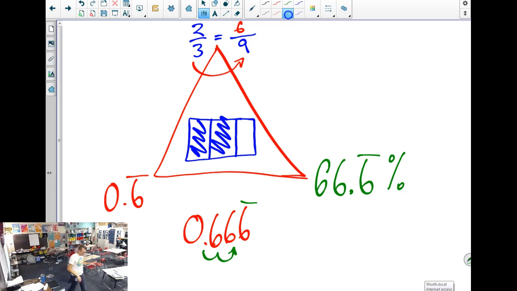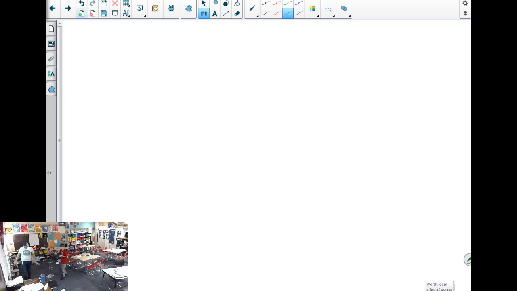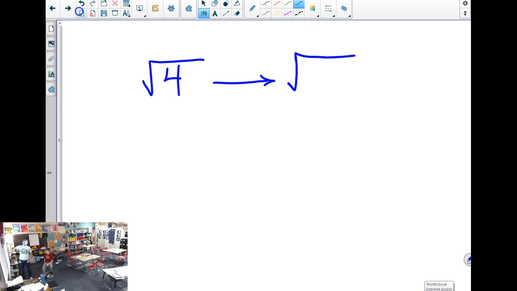Oh, okay. So are you ready to have your mind melted? Okay, so you've been doing some work with radicals, and I'm guessing you've done some of the smaller ones. I'm going to show you something simple. What's the next perfect square root? 4, not 5, not 6, not 7.